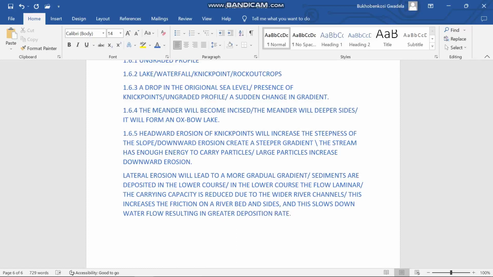So that's how it goes for the processes creating the gradient in the lower course. You can choose which ones to apply using your 8 lines, making sure that your 4 points are there, which equal 2 marks.